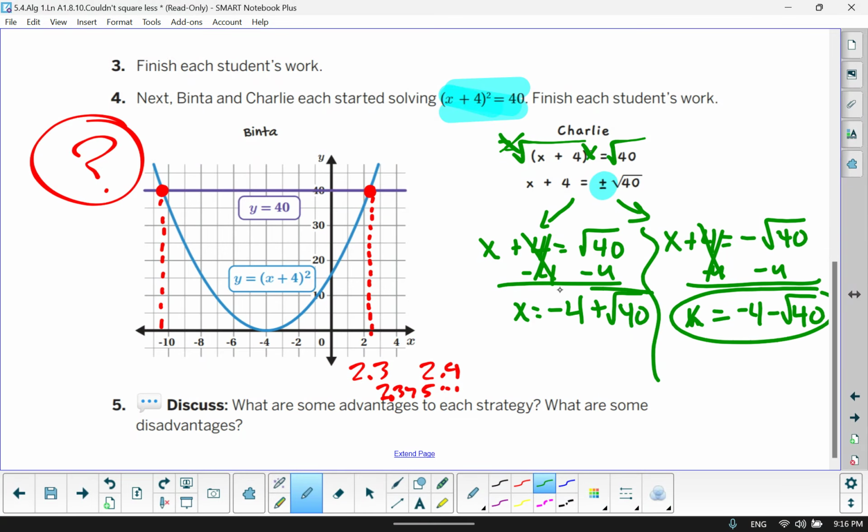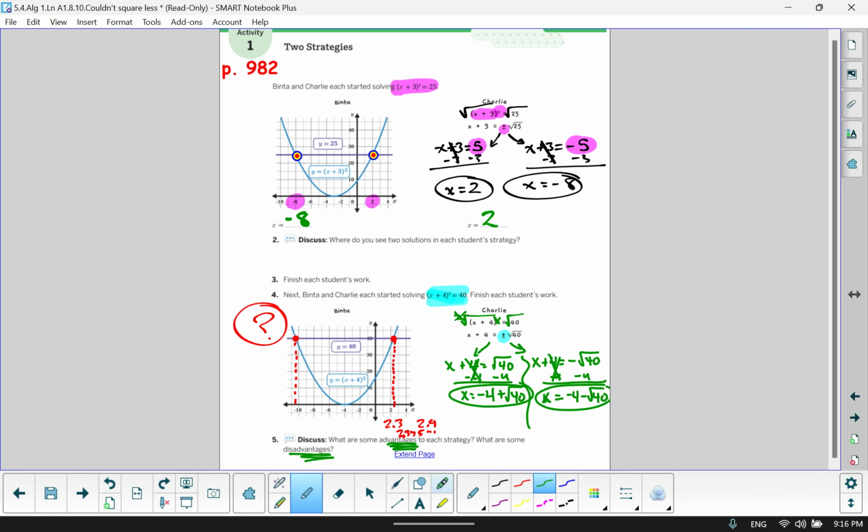Now remember, we sure like Binta's method, and it surely has some advantages, but I wonder if you could see some major disadvantages. If it does not hit perfectly at the integers, it's going to be really difficult to figure out using Binta's method what the heck is the solution or the solutions.